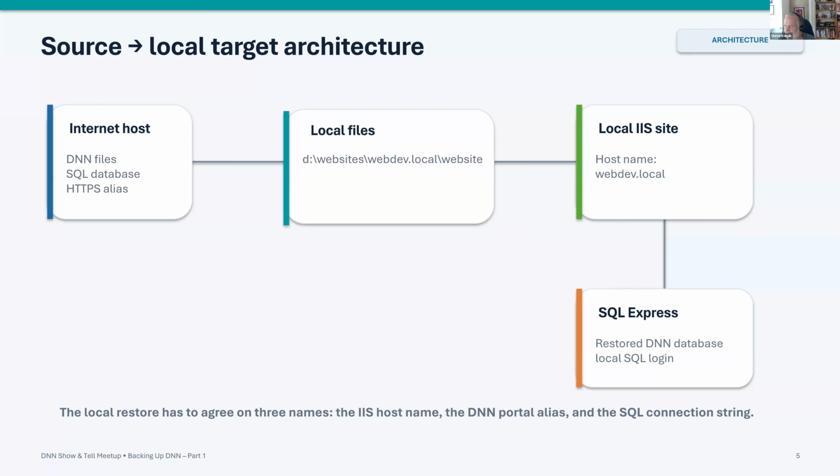So the easiest part is getting the files. Inevitably, you're going to have FTP access to your files on your server. And I like to use some software called FileZilla.